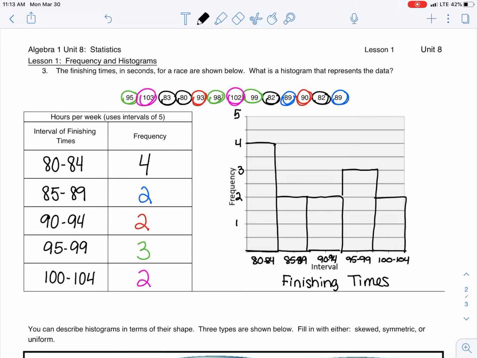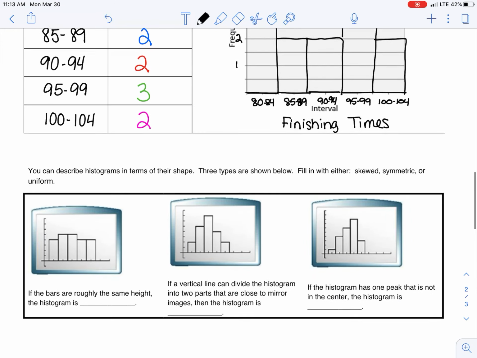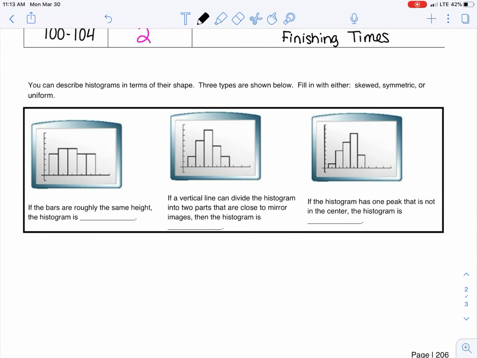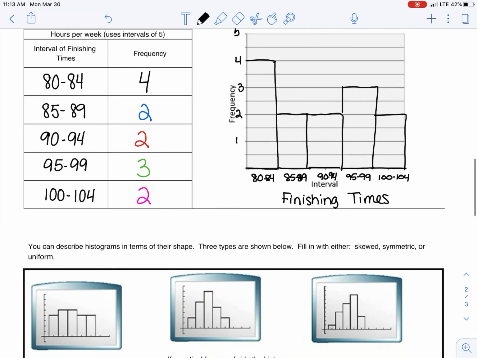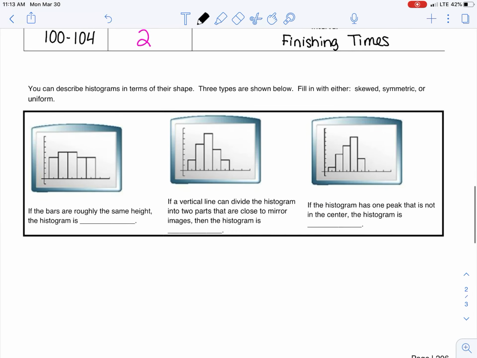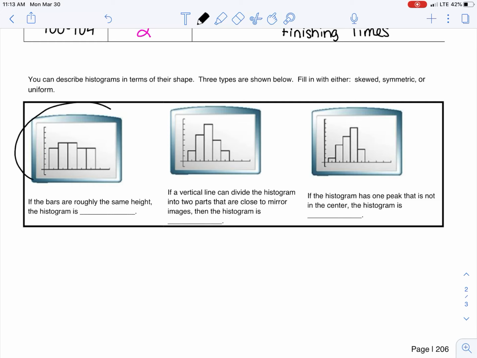Okay. Now we're going to actually learn how to describe these histograms. If the bars are roughly the same height, which here they're kind of close, but not completely for number 3, but if they're roughly the same height, like shown in this picture, that histogram is said to be uniform.